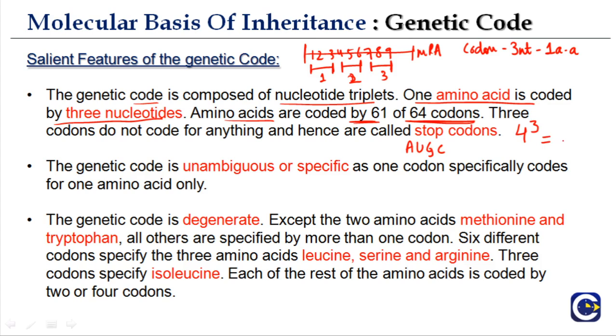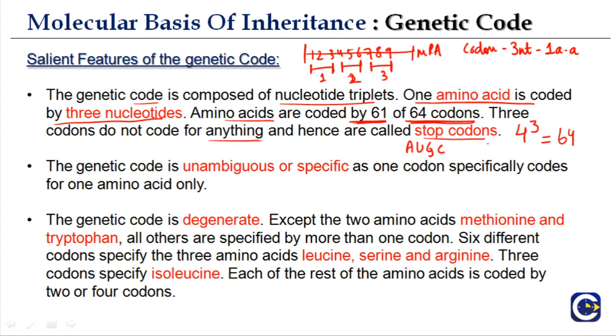It comes out to be 4 into 4 into 4, which is 64. That is how they reach 64 codons. In the previous slide, we saw all the 64 codons. But amino acids are coded only by 61. Why? Because 3 of them are stop codons. 3 codons do not code for anything and hence are called stop codons.